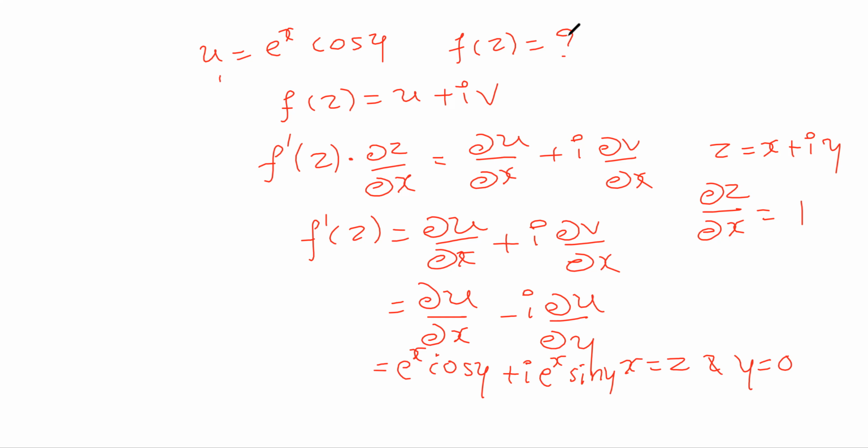After substituting dou u by dou x and dou u by dou y in terms of x and y, you have to put x equals z and y equals 0.